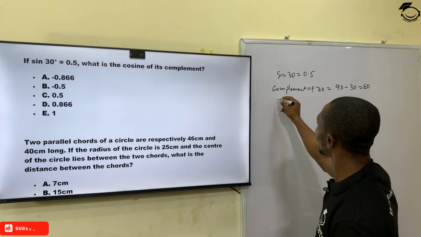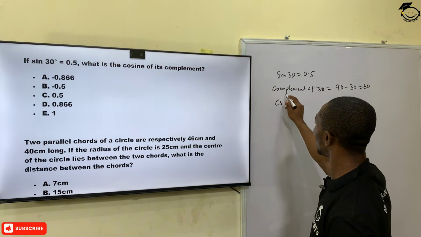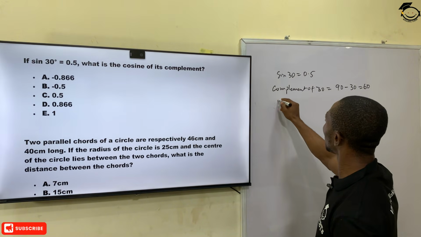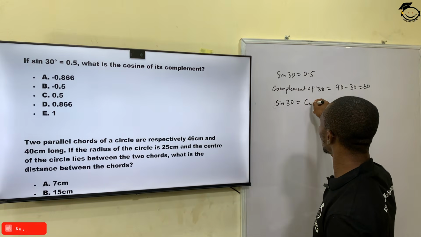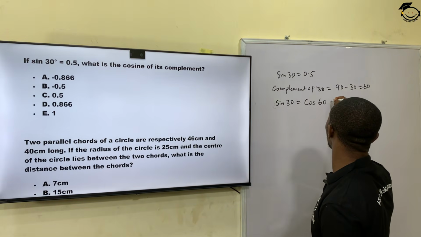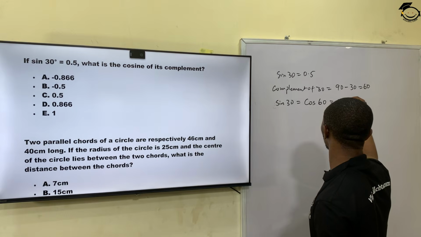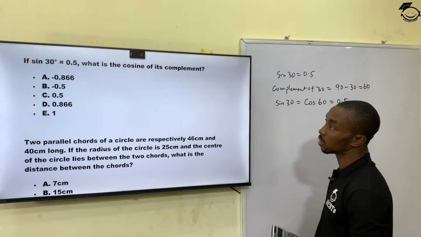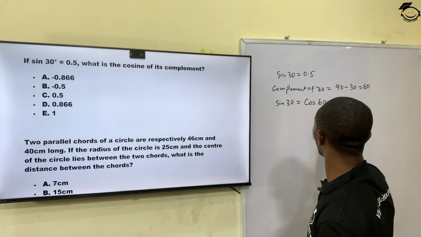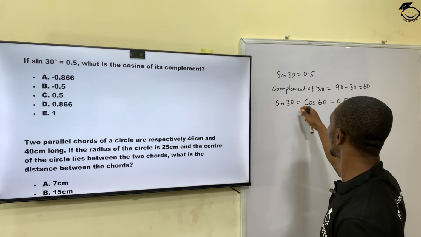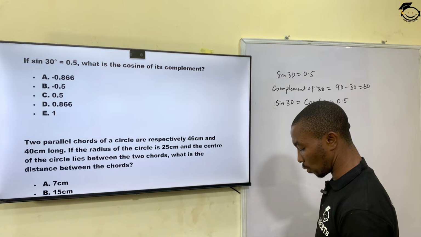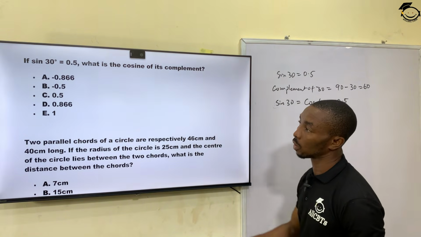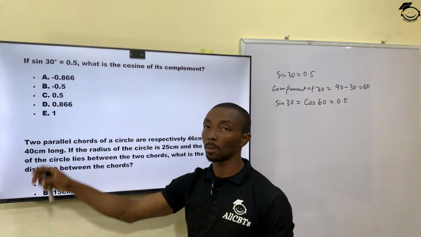So for this, sine 30 equals cos 60, which will give us 0.5. So the cosine of the complement of sine 30, which is 0.5, will give us cos 60, which is 0.5. So our answer will be option C.